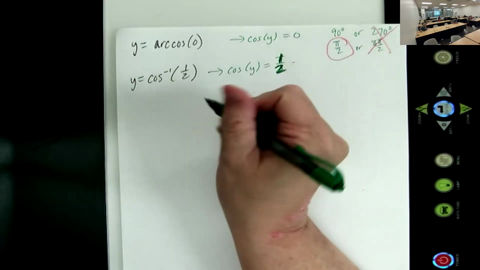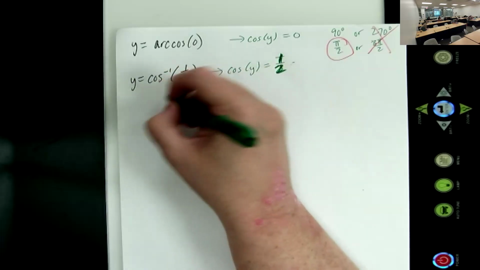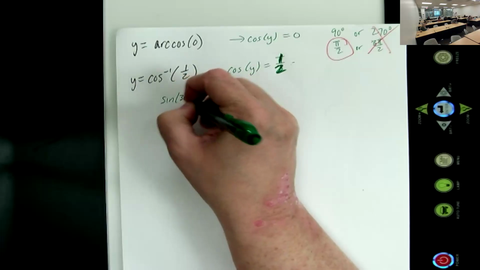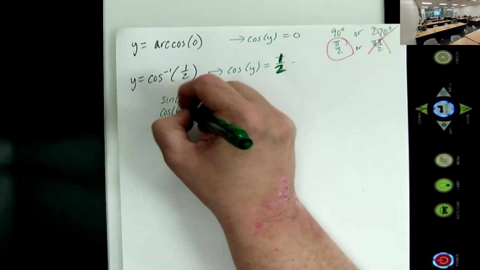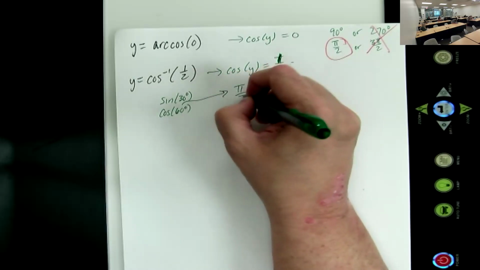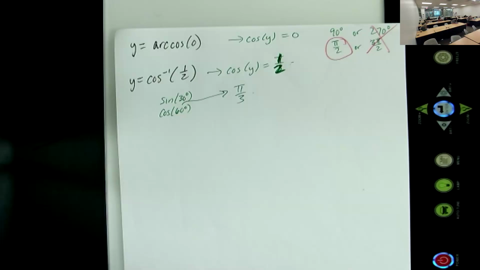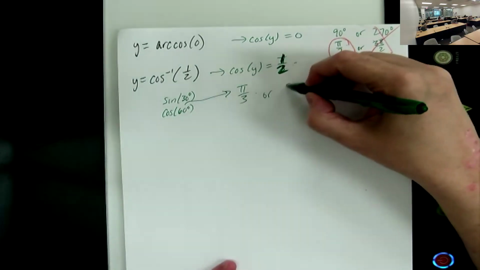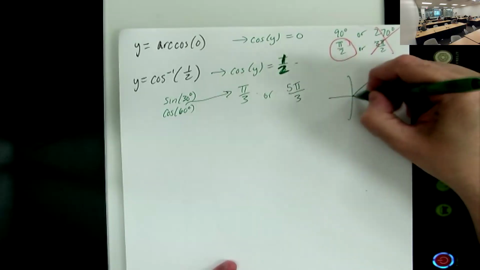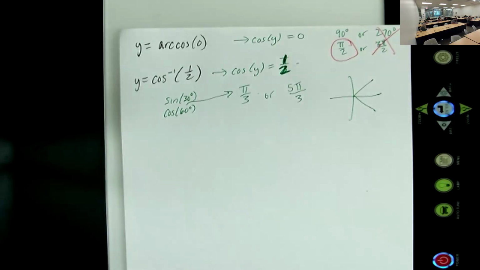Where is cosine 1/2? Sine would be 30 degrees, cosine is 60 degrees, and 60 degrees does match up with pi over 3. It's also 5 pi over 3 here, but only this one matches.